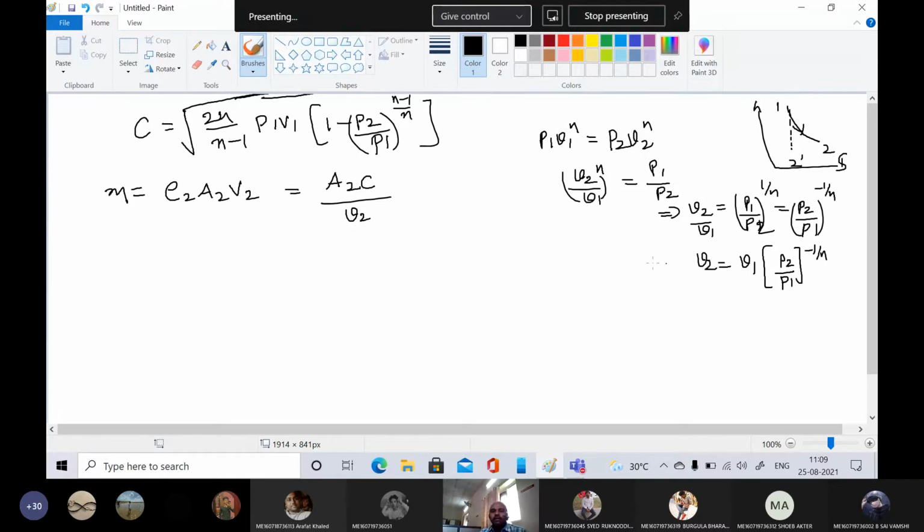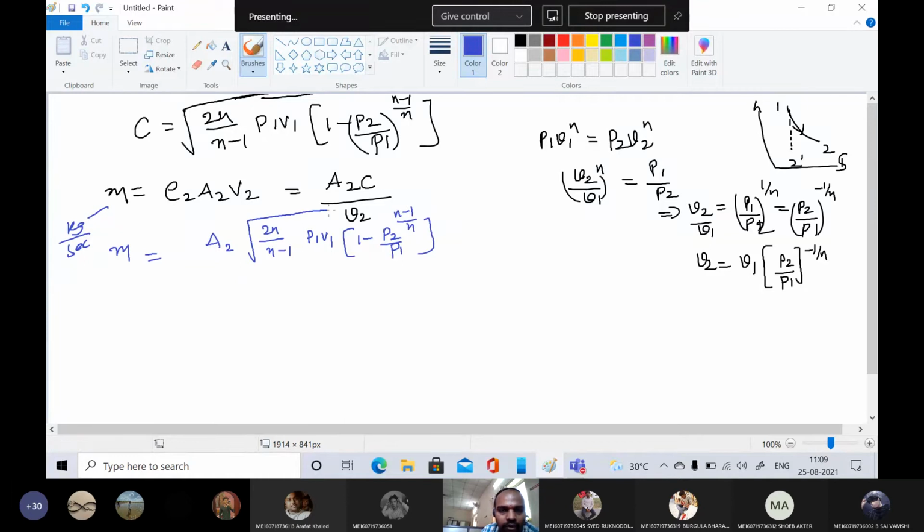Therefore, I am substituting the C value and the V2 value here. If I substitute everything, the mass of the steam discharged through the nozzle in kg per second is equals to A2 into under root 2n by n minus 1 P1 V1 into 1 minus P2 by P1 whole power n minus 1 by n, which is the C value, divided by V2, which is V1 into P2 by P1 whole power minus 1 by n.